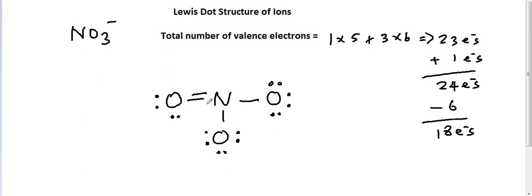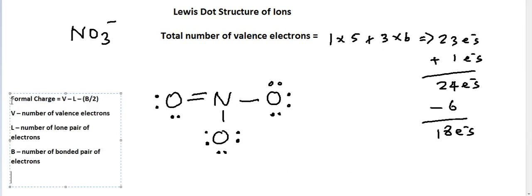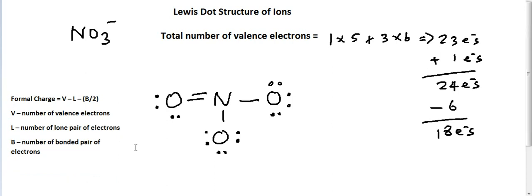We can even cross verify by calculating the formal charges. I hope you remember the formula to calculate the formal charges. Anyhow, I am just giving it here for your verification. Let us first calculate the formal charge of this oxygen. This should be 6 minus 4 minus 4 by 2, so that is 0 for this oxygen.